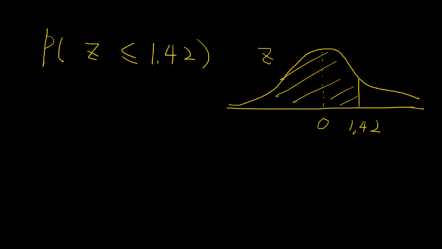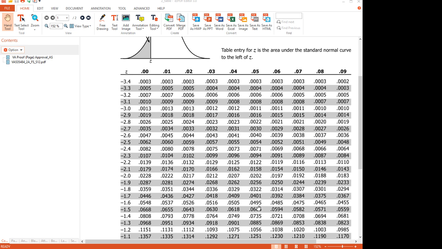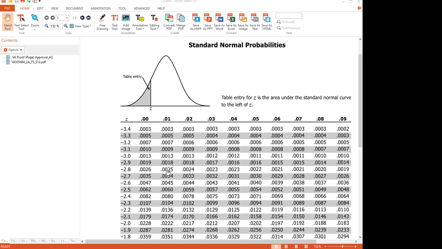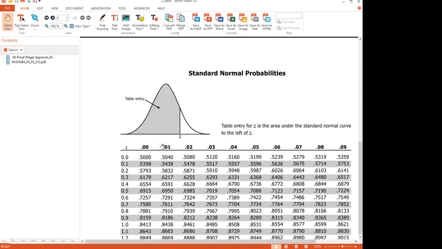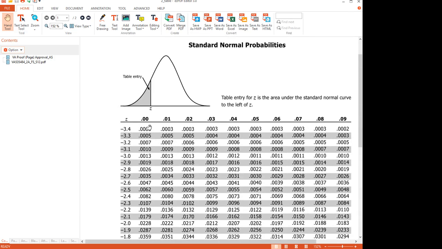Well, you can find this using the Z table. Now, as you can see, the middle part of the table is the area, the shaded region right there, and these are the Z numbers.